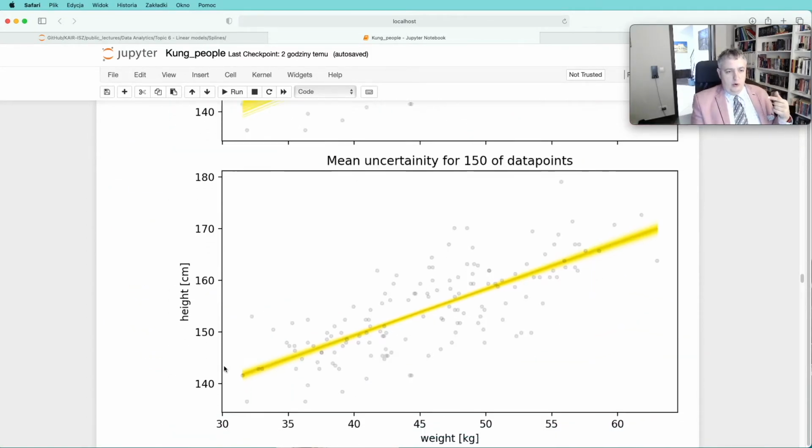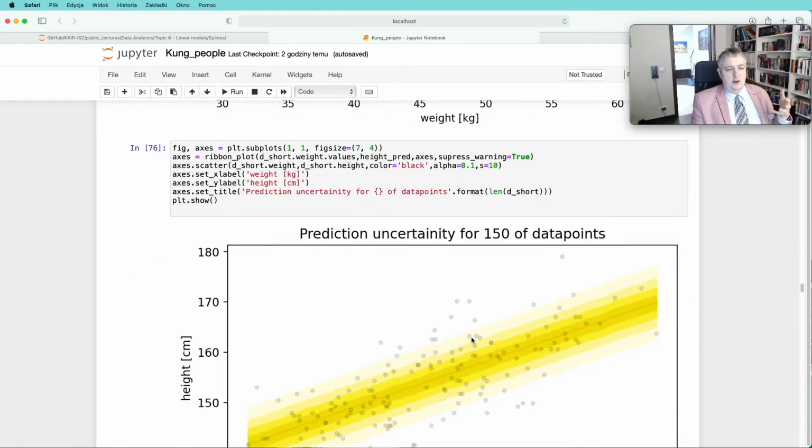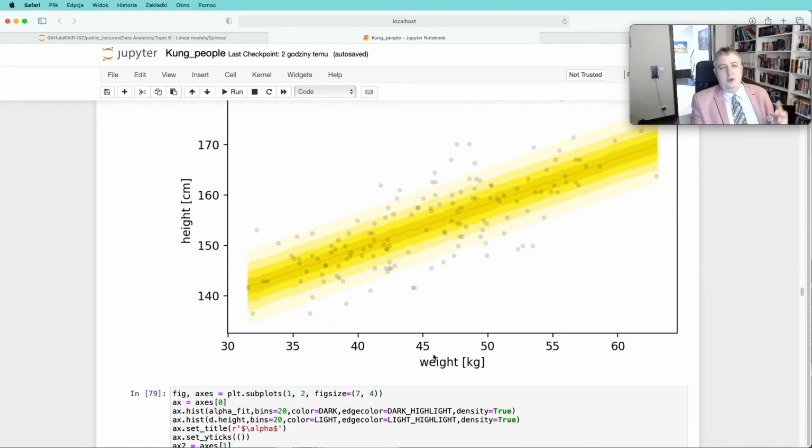If we want to do a posterior predictive distribution, then we need to consider our model, and in this case we can see that we have a good coverage of actual data points. Not all of them are covered in this 90% interval, but the question is how much more is there outside.